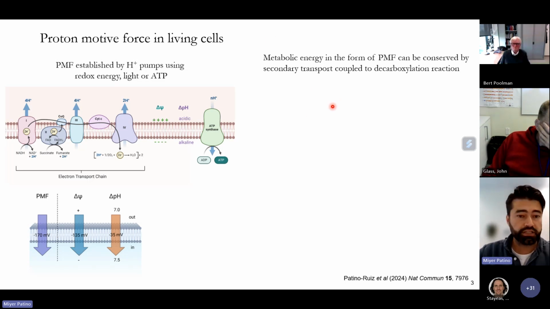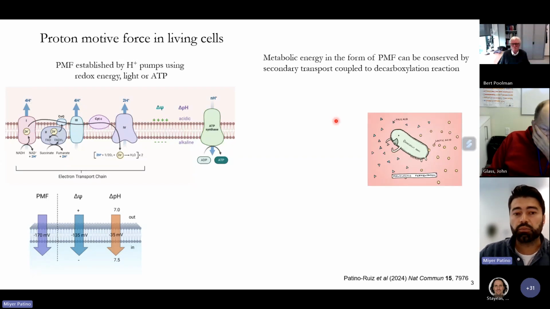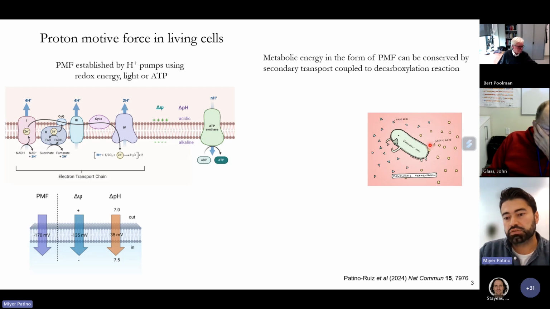But there are other systems not based on primary transporters, but based on secondary transporters and enzymatic reactions, which can also serve to conserve energy in the form of proton-motive force. One of those strategies is present in some groups of lactic acid bacteria, which are able to consume malic acid from the medium and exchange that compound for lactic acid. So it consumes a dicarboxylic acid to form a monocarboxylic acid.